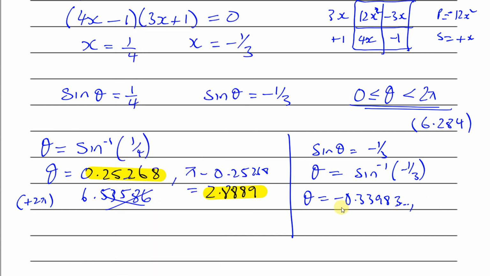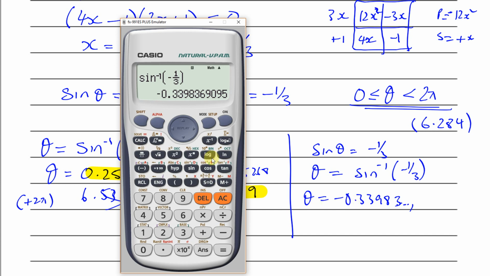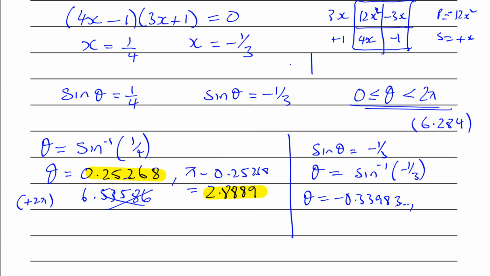It's not in our range, but we can't just ignore it because I'm going to use it to generate other angles in the range. To get the other main angle, I've got to do pi minus. It's the same procedure whether it's negative or positive. You've ended up getting an angle down here, and this angle corresponds to that angle there.